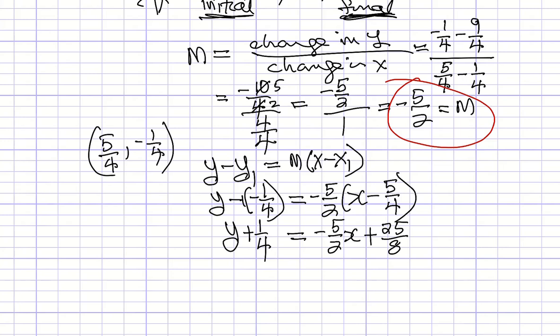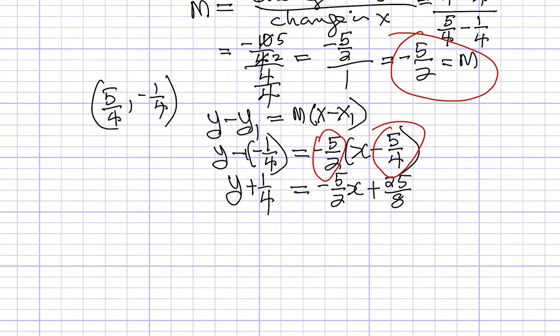Because you take negative 5 over 2 and multiply it by negative 5 over 4, and you get positive 25 over 8. And then you keep simplifying.